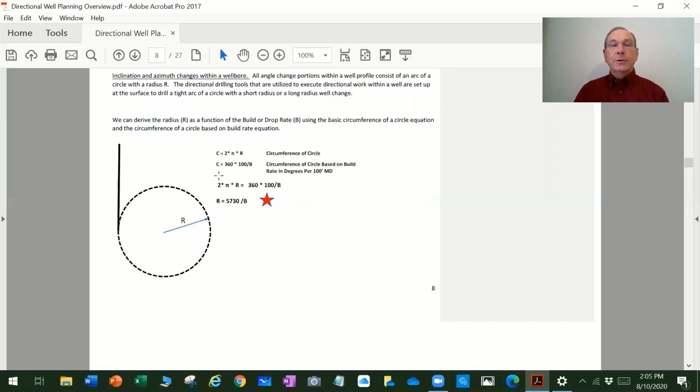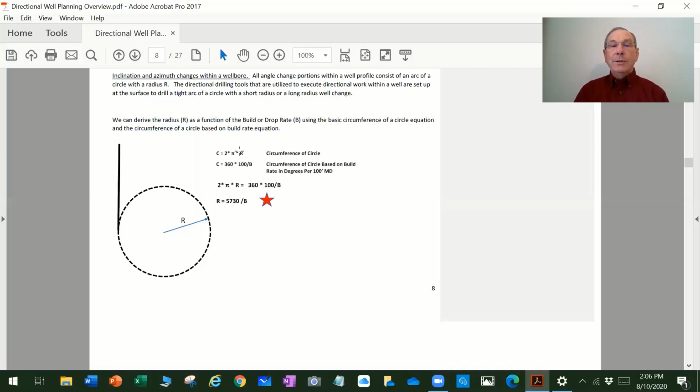So that circle would be 360 degrees times 100 feet for whatever our build rate change is. If we happen to be building at a build rate of 1 degree, then it would take 36,000 feet, 360 times 100, in order to drill an entire circle.